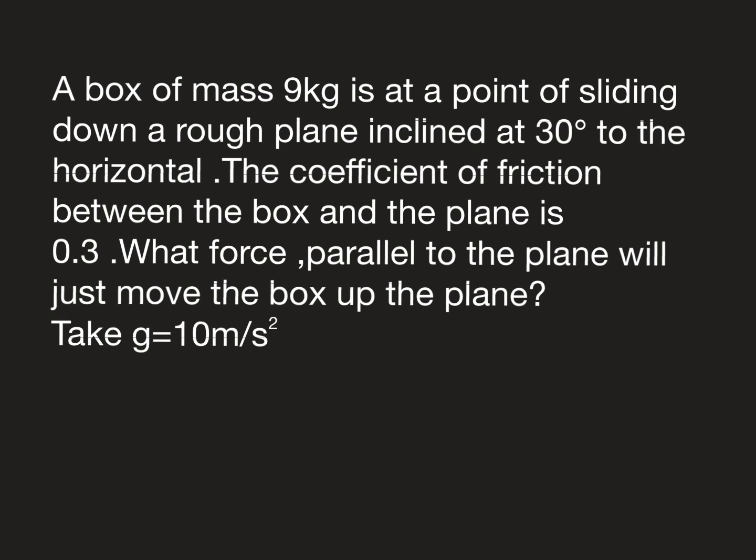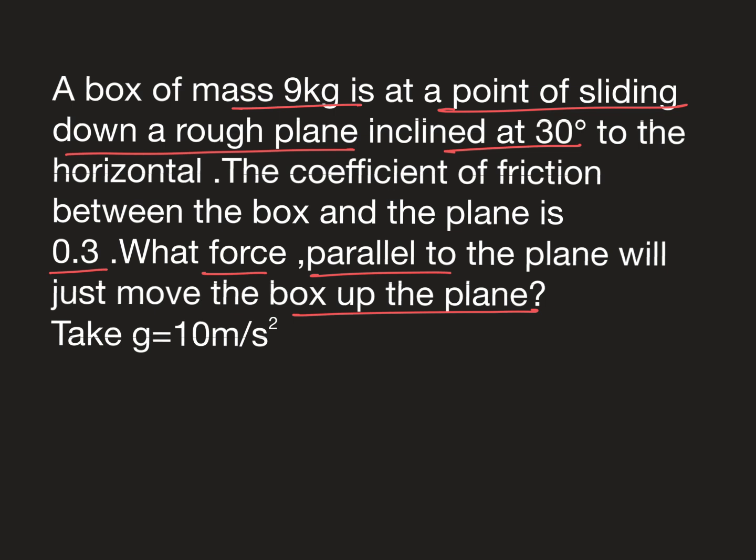We have another question here that reads: a box of mass 9 kilograms is at a point of sliding down a rough plane inclined at 30 degrees to the horizontal. The coefficient of friction between the box and the plane is 0.3. What force parallel to the plane will just move the box up the plane?